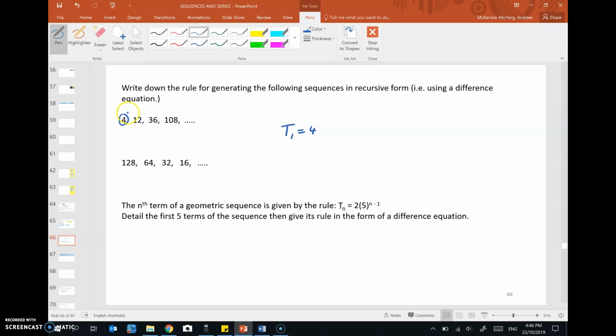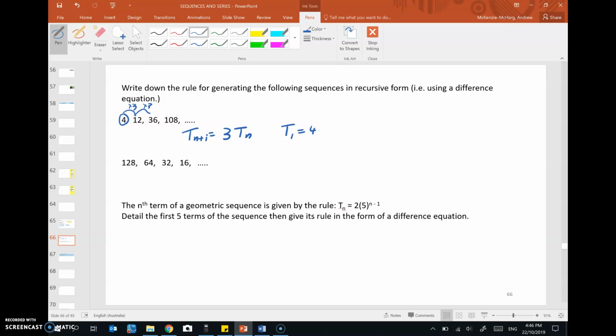And to get from 4 to 12, we would multiply by 3 and so forth. So to get to the next term, we take the current term and we multiply it by 3. So we're going to write it like this. I recommend you write it like this as well. This is what your teachers will be expecting: 3Tn.